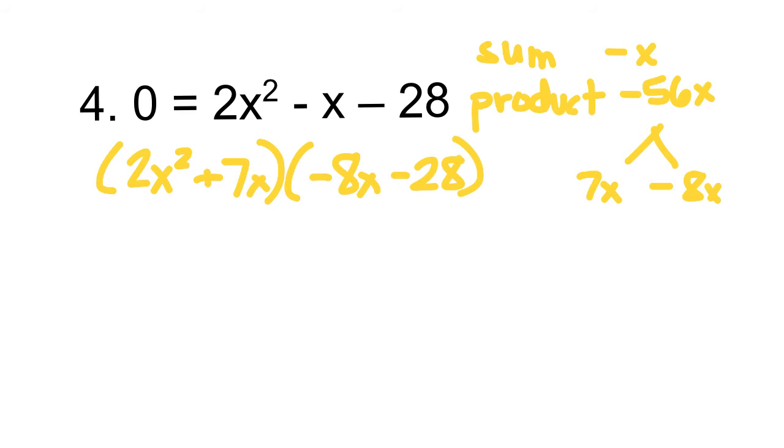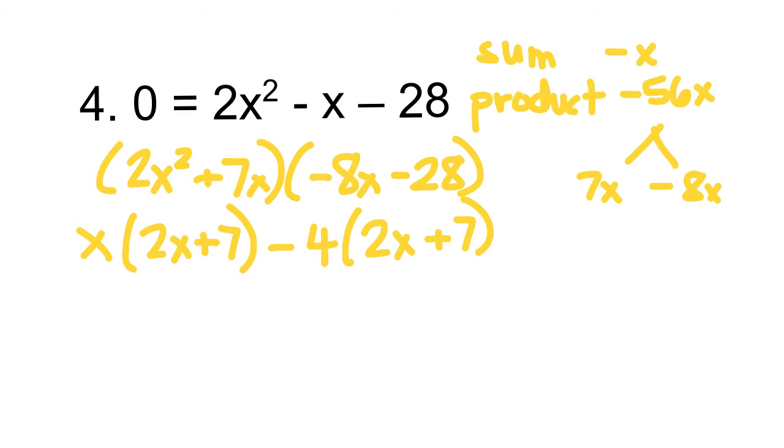We can factor out an x for the first one and a 4 they have in common, negative 4, for the second one. And now we have our factors: x minus 4 times 2x plus 7 equals 0.